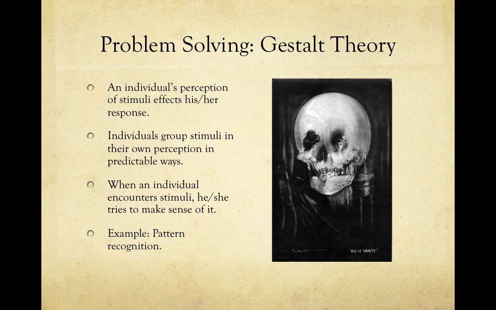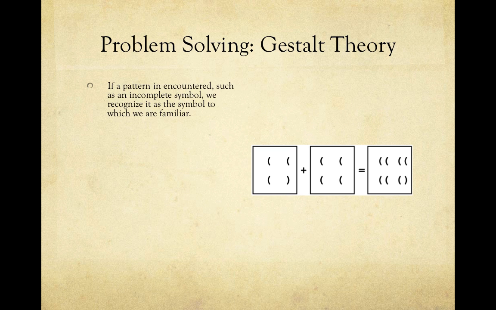For example, pattern recognition. If a pattern is encountered, such as an incomplete symbol, we recognize it as the symbol to which we are familiar. We use the law of closure to close the pattern and complete the symbol.